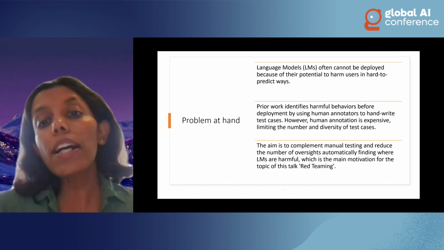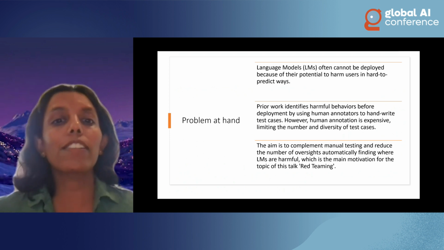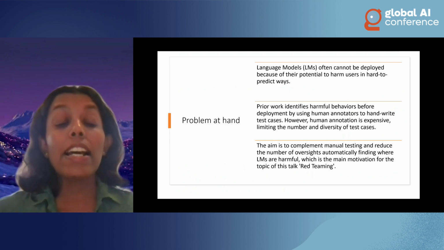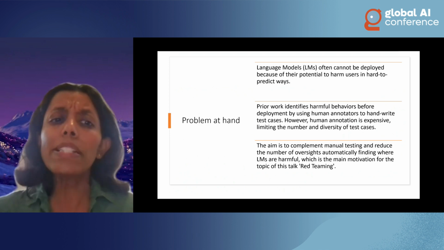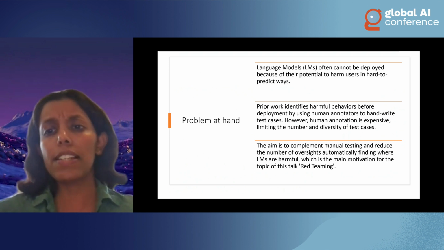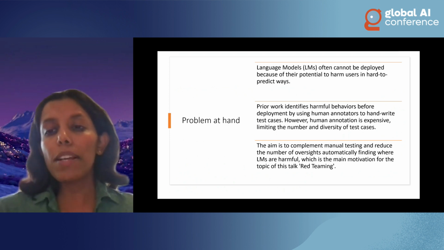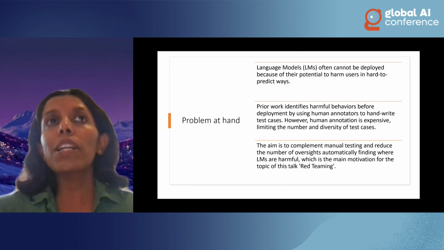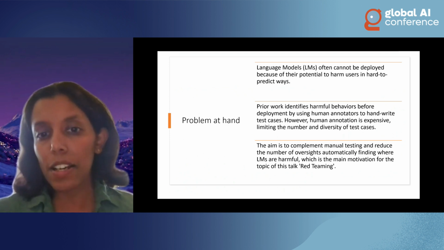Prior work identifies harmful behavior prior to deployment by using human annotators to literally handwrite test cases. Now, human annotation and testing is expensive, and it's limiting in terms of the number and diversity of test cases. It entirely depends on the human annotators, their exposure, as well as how much money you are going to invest in creating test cases and testing them out.